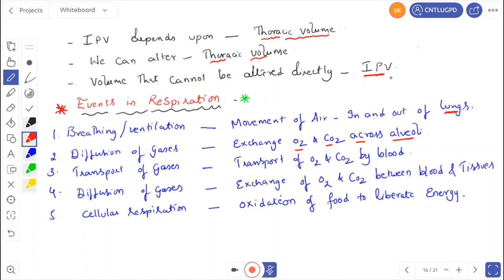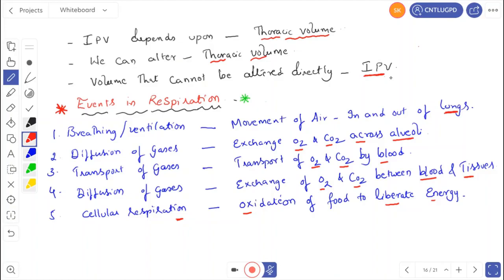Transport of gases: transport of oxygen and carbon dioxide by blood. Diffusion of gases again: exchange of oxygen and carbon dioxide between blood and tissues, and cellular respiration. Oxidation of food to liberate energy is called cellular respiration.